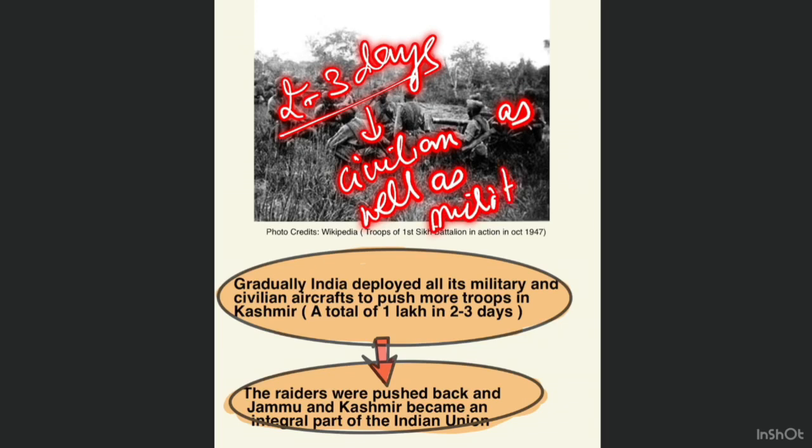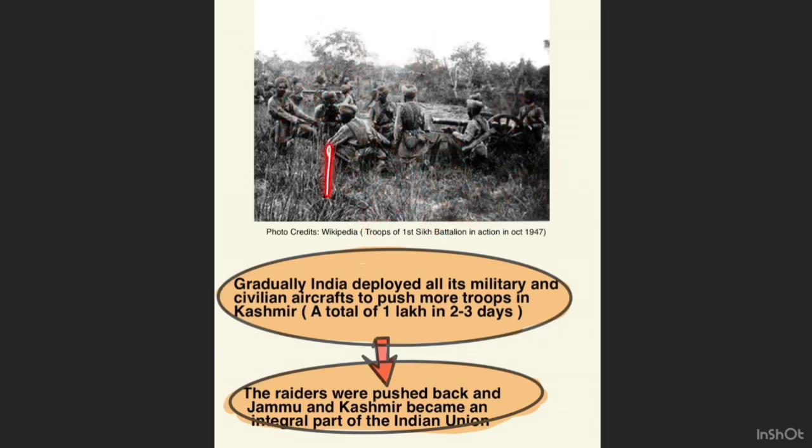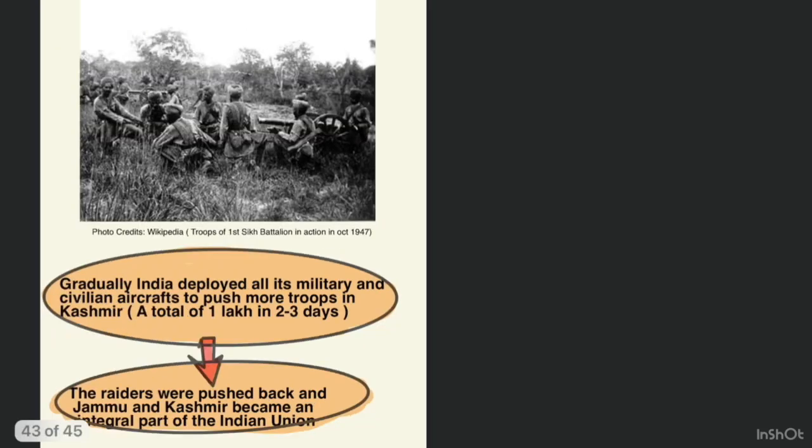They were pushed into service. About 1 lakh troops reached the valley, which eventually helped in thwarting the tribal advance and the siege of the city of Srinagar.